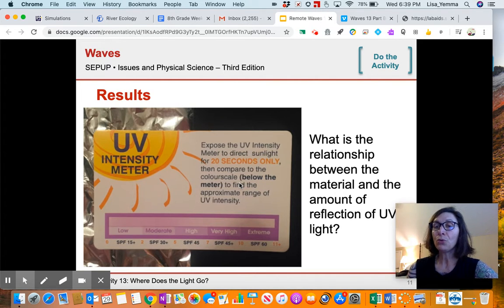I'm going to re-emphasize, when someone asks you a question and you make a claim based on something you've collected data about, you better include that evidence. If you're making a claim and you haven't collected data, that's called a hypothesis, not a claim. Here we've seen a little bit of data. It was a short experiment, but we have enough data to say, based on this experiment, here's what I think about reflection.